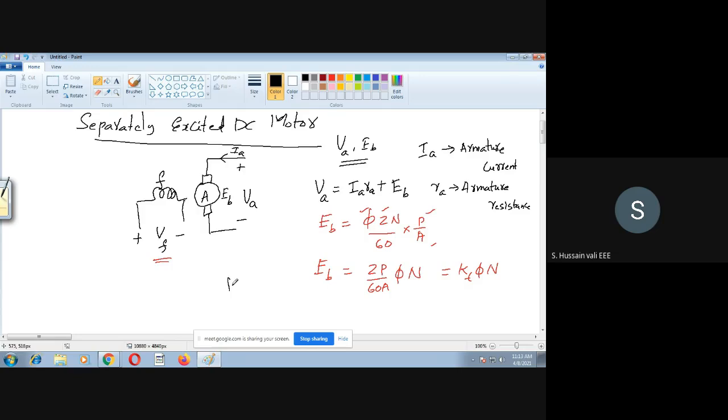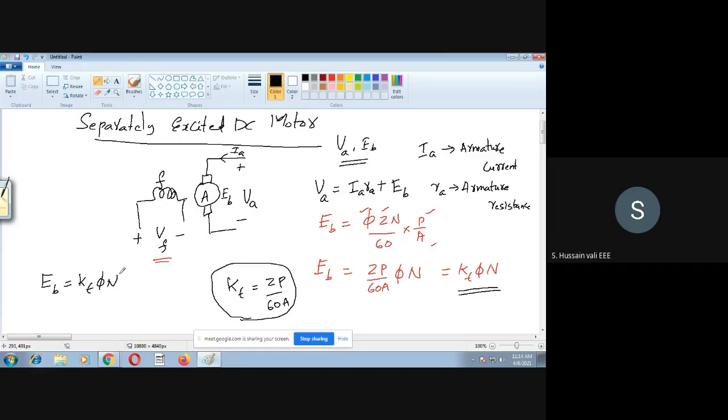Kt can be written as ZP by 60 into A. This is the thing you must remember while we do some more simplifications. So we have the equation EB is equal to Kt into phi into N.